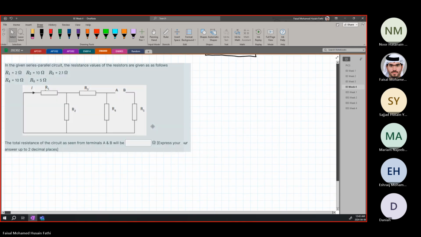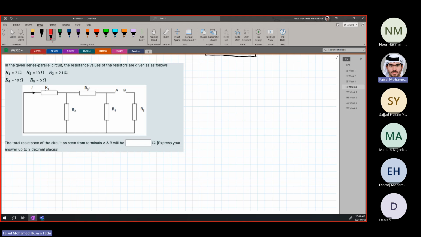Okay, if you notice now, A and B are over here. So you have to start, what did I say? From the furthest part, which is from this side. Let me redraw the circuit very quickly. So we have this resistor over here, resistor over here, resistor over here, resistor over here, A and B, resistor over here.